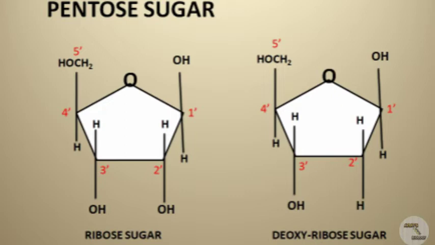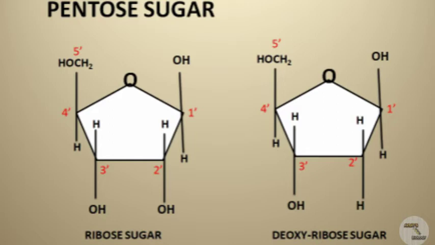Naturally occurring nucleic acids have two types of pentose sugar, and these are ribose and deoxyribose sugar. The deoxyribose sugar can be found in the DNA molecule, and the ribose sugar can be found in the RNA molecule.